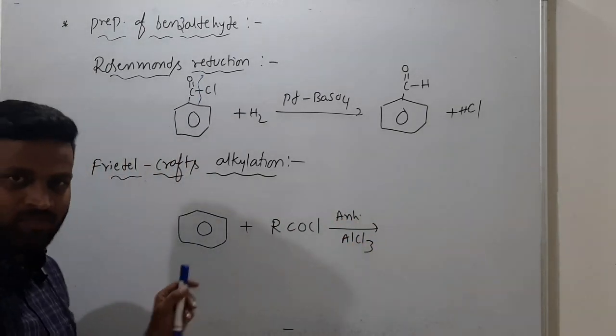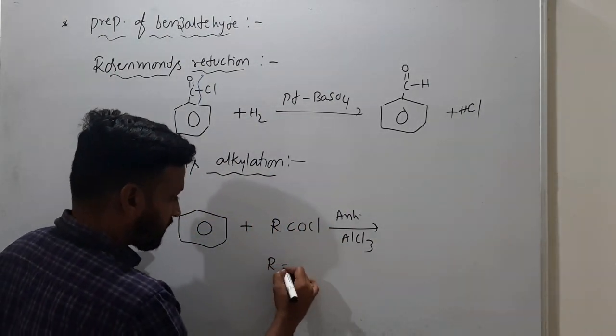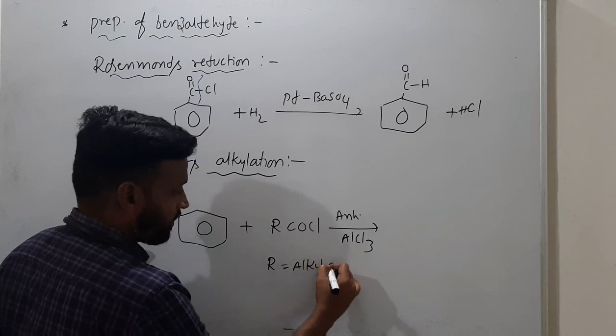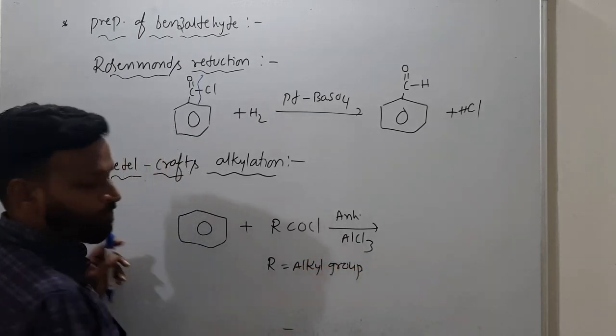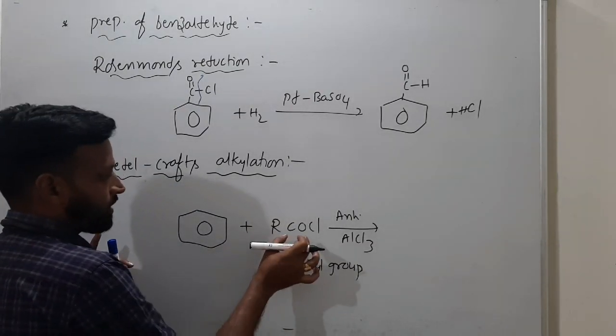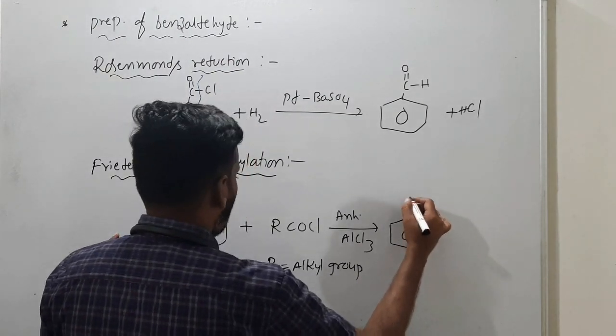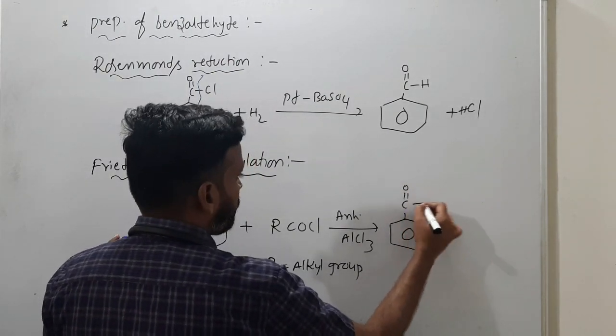Do you remember that in Friedel-Crafts alkylation we use RCl? What is R here? R is an alkyl group. So benzene reacts with RCOCl, and you have C6H5COR.